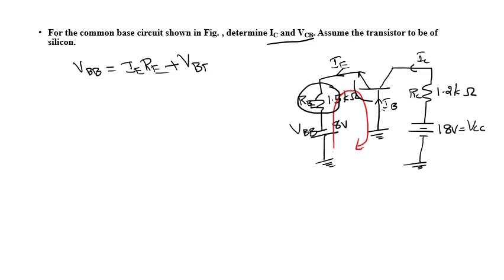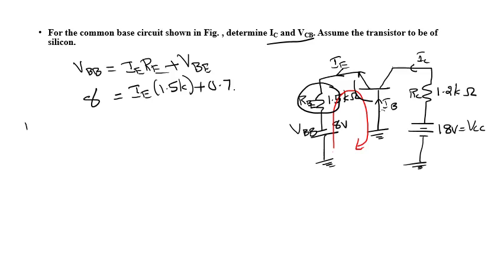VBE is the voltage between the base and the emitter junction. Since it is a silicon transistor, for a silicon transistor VBE value is equal to 0.7. So IE into 1.5K plus 0.7 is equal to 8.